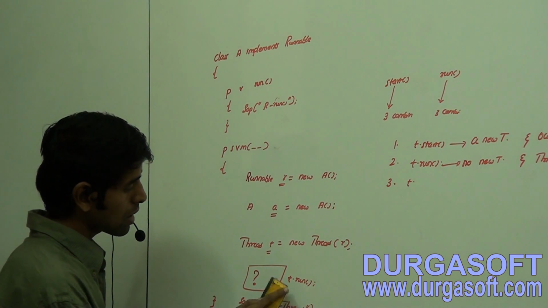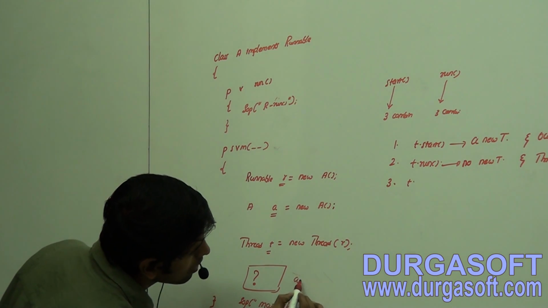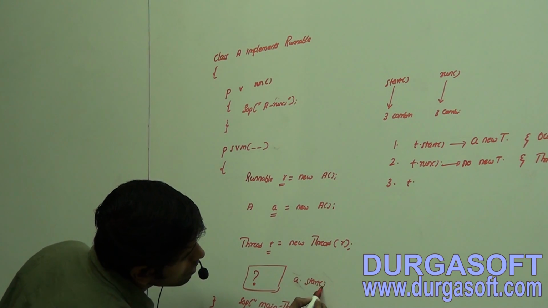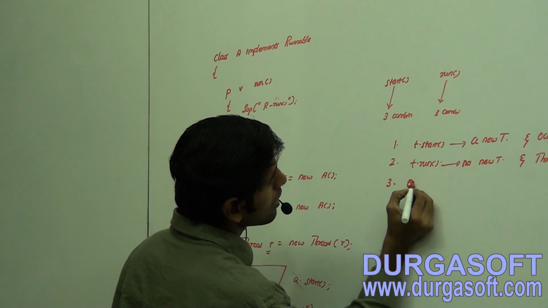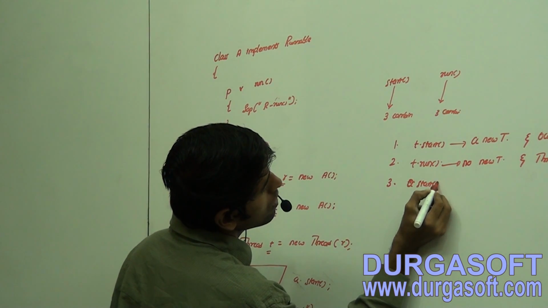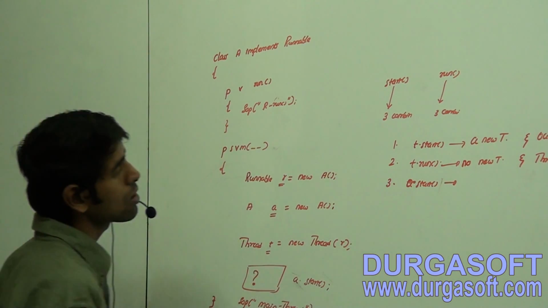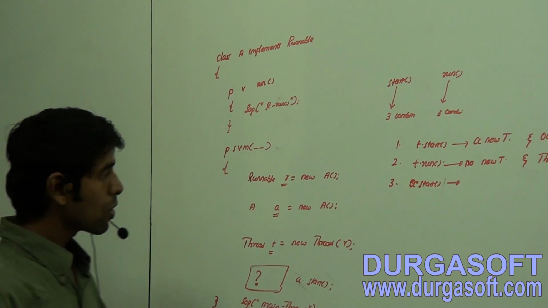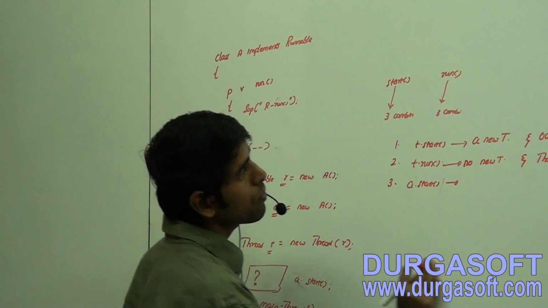Now what is the other scenario? We have A. On A I am going to call the start method. A dot start. What is going to happen here? Try to focus. Can we call it on A? What is the type of A?